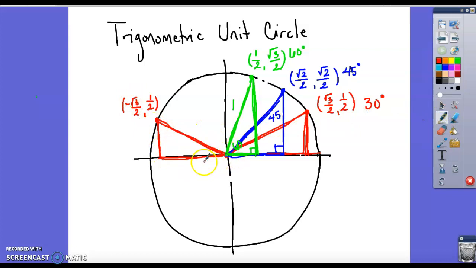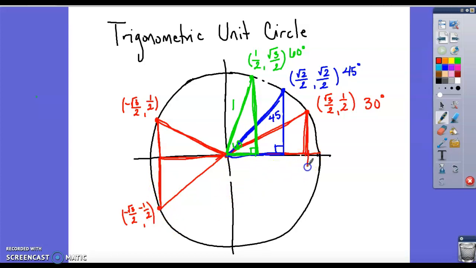I can do this again. And if this was a perfect circle, it would be better. I can do this again. But this time the x value is negative because I'm in the third quadrant, and the y value is also negative because I'm in the third quadrant.